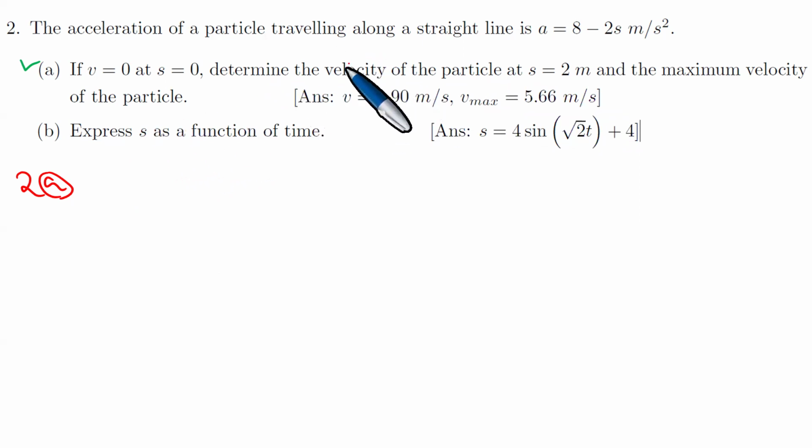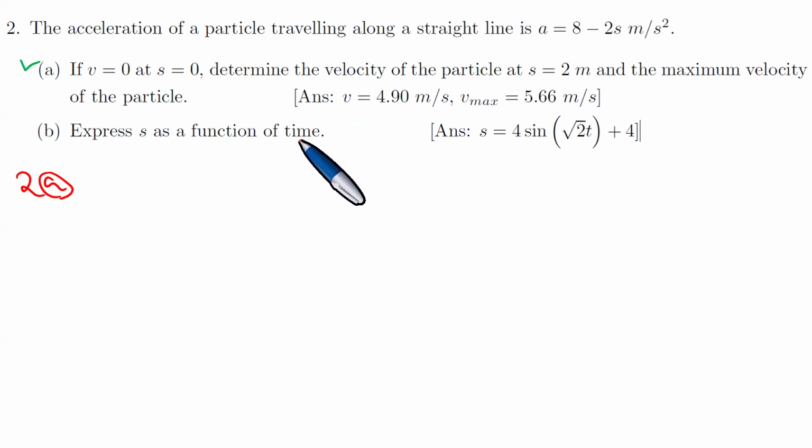So there are two things we need to determine: the velocity of the particle, but also the actual maximum velocity of the particle as well. Let us reason this out together.